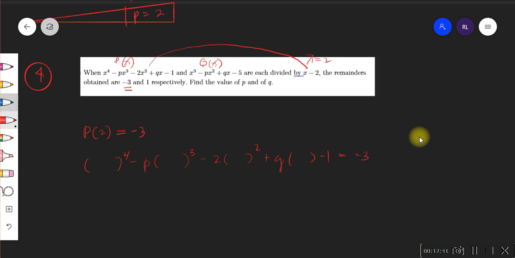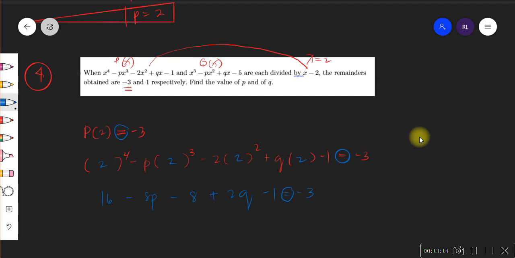So 2, 2, 2, then 2. You'll have 16 minus 8p, then minus 8, then plus 2q minus 1 equals negative 3. Sorry for the columns.